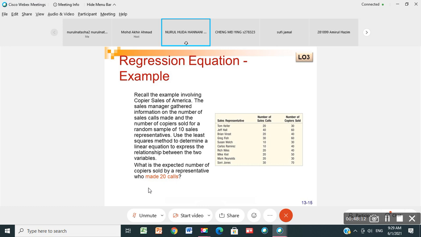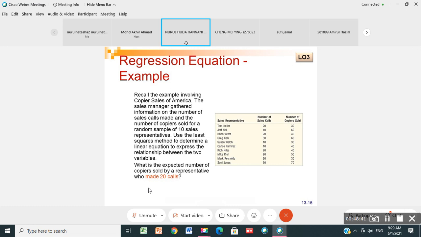The sales manager gathered information on the number of sales calls made and the number of copiers sold for a random sample of 10 sales representatives. Use the least square method to determine a linear equation to express the relationship between the two variables. What is the expected number of copiers sold by a representative who made 20 calls?